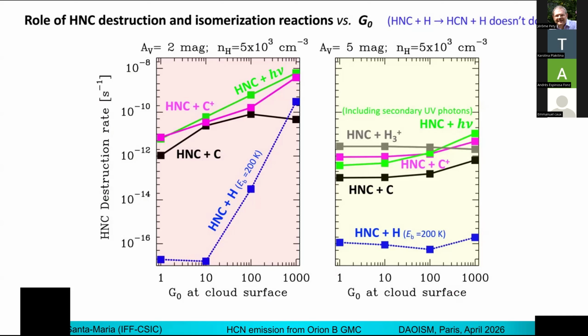And definitely the isomerization of HNC is not responsible, even if we choose the low energy barrier. The most important would be the reaction with C+ or the photodissociation of HNC. While a little bit more inside the cloud it is either the cosmic rays or the secondary electrons, the ultraviolet photons from the cosmic rays. And again, not the isomerization.